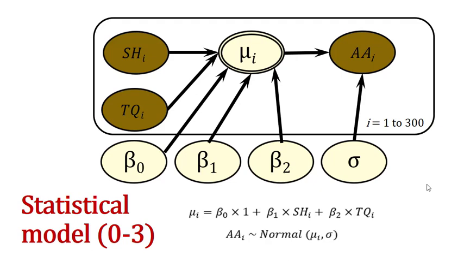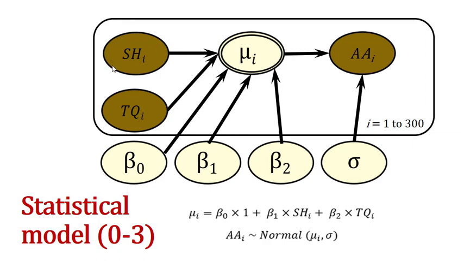But they are necessary to make the calculations of the model. So this is the statistical model, which the structure of the model is the same for model 0 to model 3. Model 4 has a different structure.